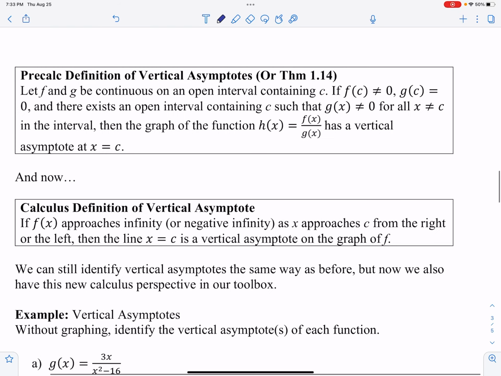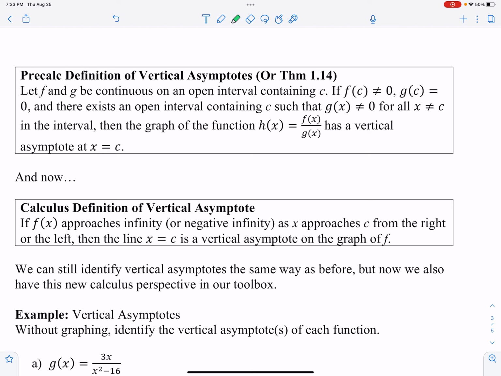Now we can add to our toolbox the calculus definition of a vertical asymptote, where if f of x approaches infinity or negative infinity as x approaches c from the left or the right, then x equals c is a vertical asymptote on the graph of f.